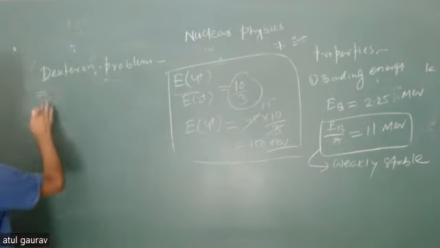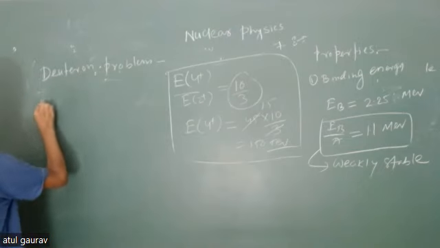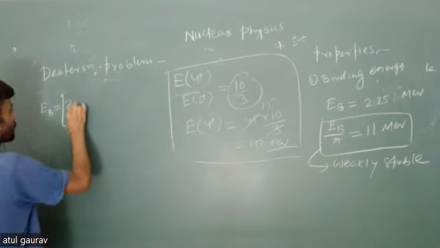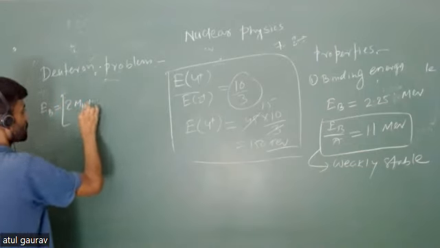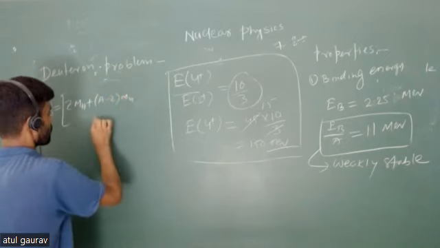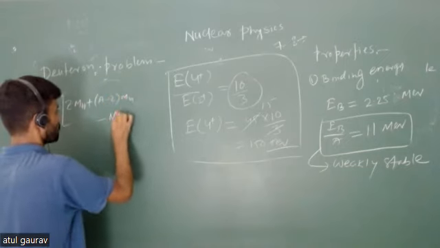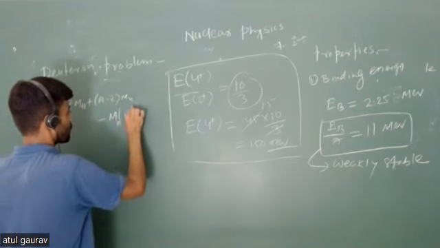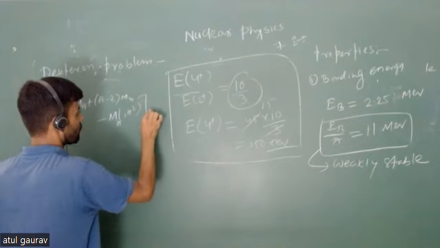So theoretically, how will we calculate? Z mH plus (A minus Z) mn minus the atomic mass of deuteron, and of course there will be c square, right?